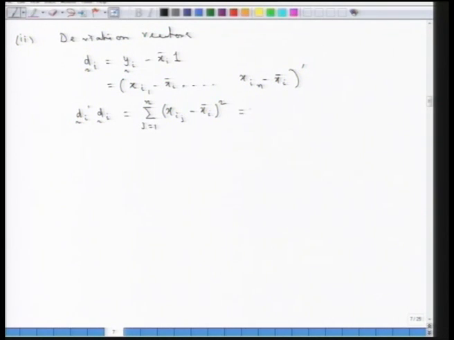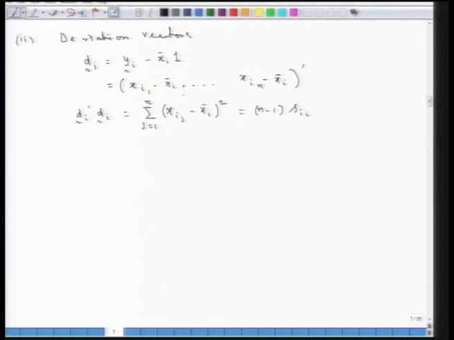So what is this quantity? This quantity is n minus 1 times S_ii. If the deviation vectors d_i are the deviations from the respective mean components, then d_i prime d_i is nothing but the sum of squares of these entries in the deviation vector, which is n minus 1 times S_ii, where S_ii is the sample observed variance component corresponding to the ith component.